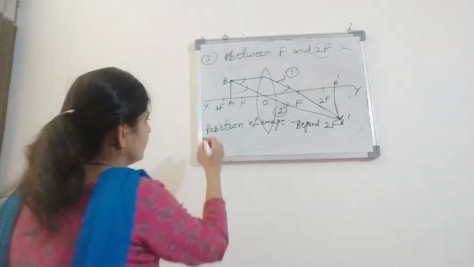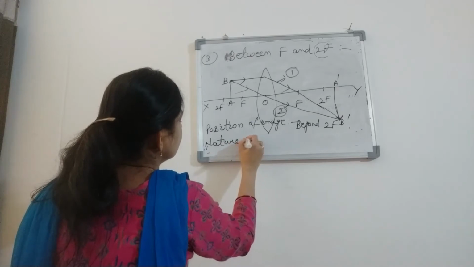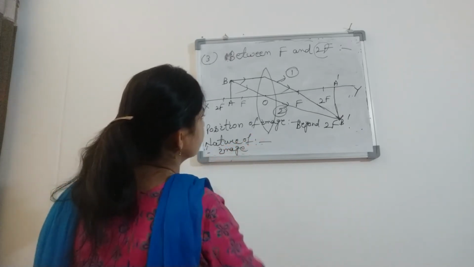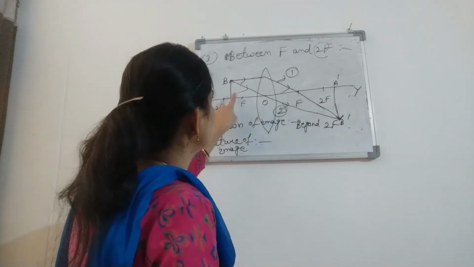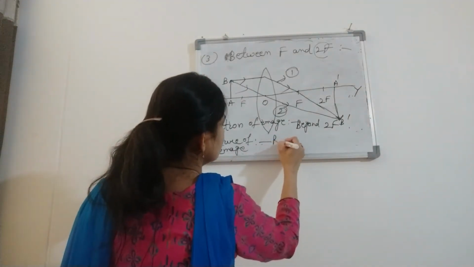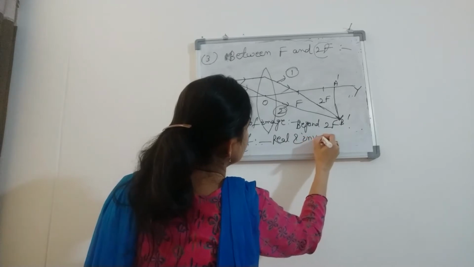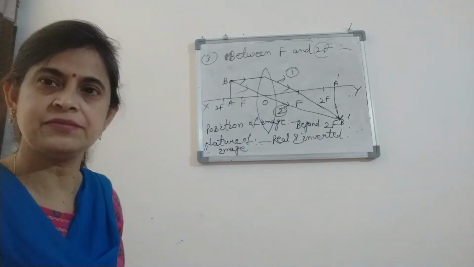Clear? And nature of the image. The image is formed on the opposite side of the object. So you can say that the image is real and inverted.